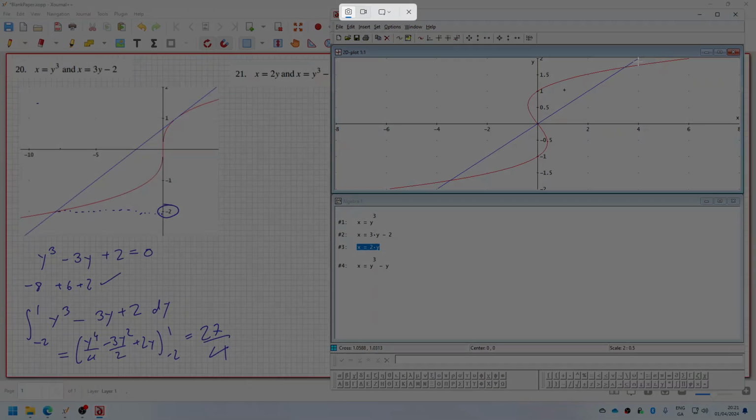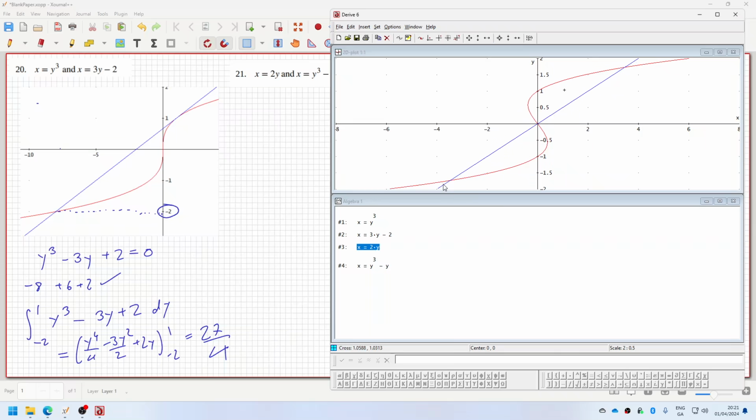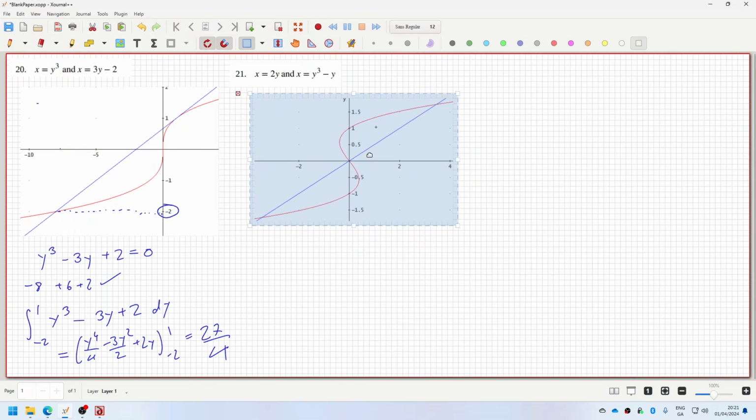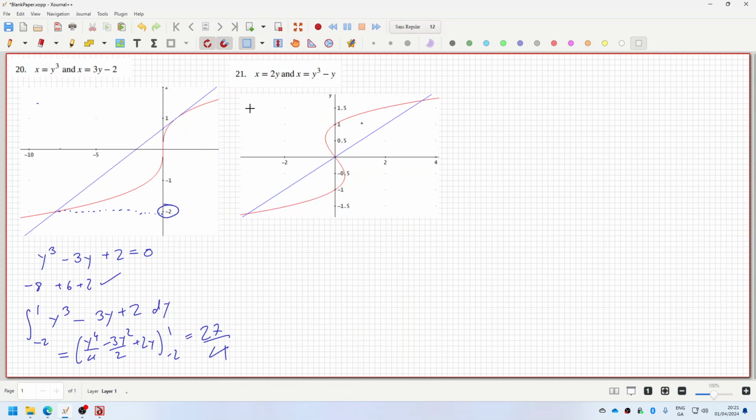Hmm. Well, that's odd and that's odd, so I can just calculate this piece and double it.